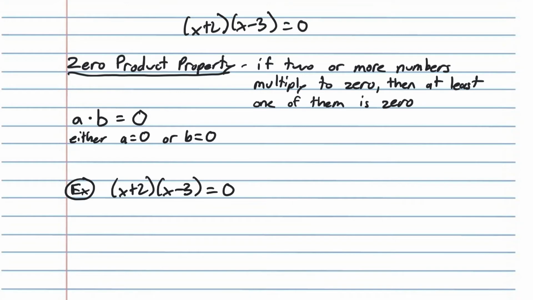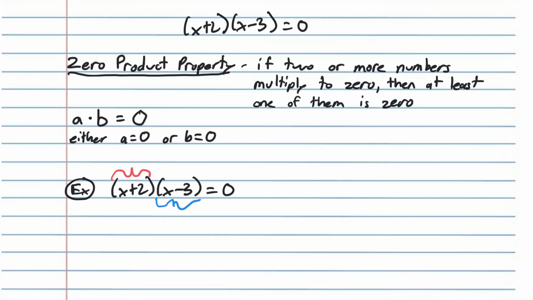We have this number and we have this number. That's why getting into those groups is so important. You get two groups, which is the same thing as two numbers. So if two groups are being multiplied together and the answer is 0, then either the red group is 0 or the blue group is 0. So what we do is we account for both.